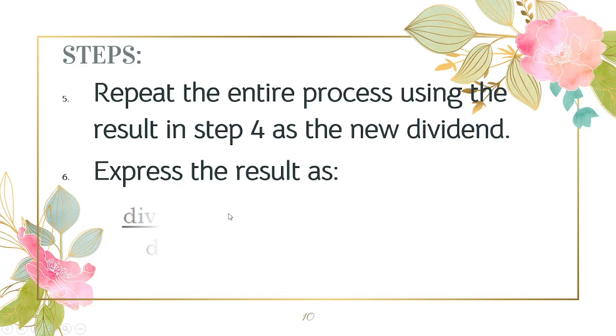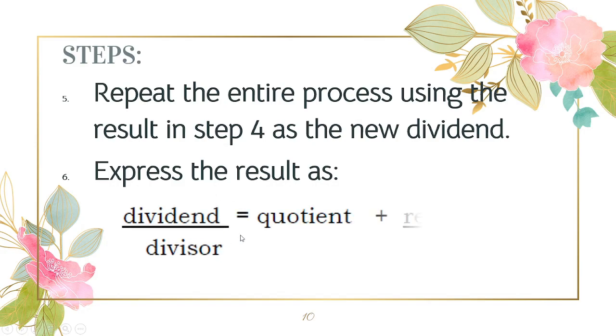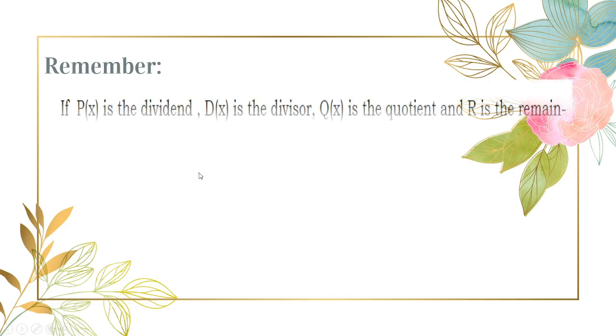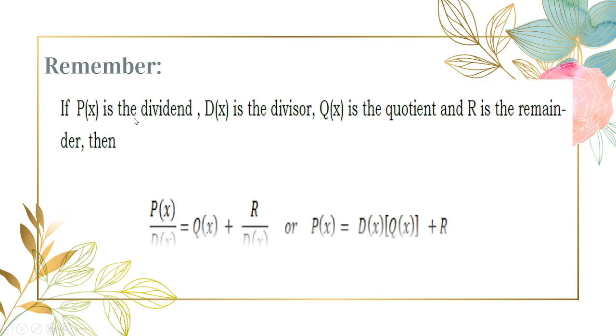Express the result as dividend over divisor is equal to quotient plus remainder over divisor, or always remember this: if p of x is the dividend, d of x is the divisor, q of x is the quotient, and r is the remainder, then p of x over d of x is equal to q of x plus r over d of x, or p of x is equal to d of x times q of x plus r.